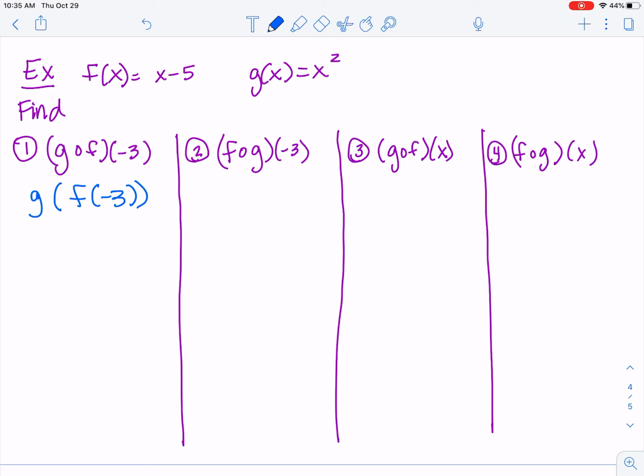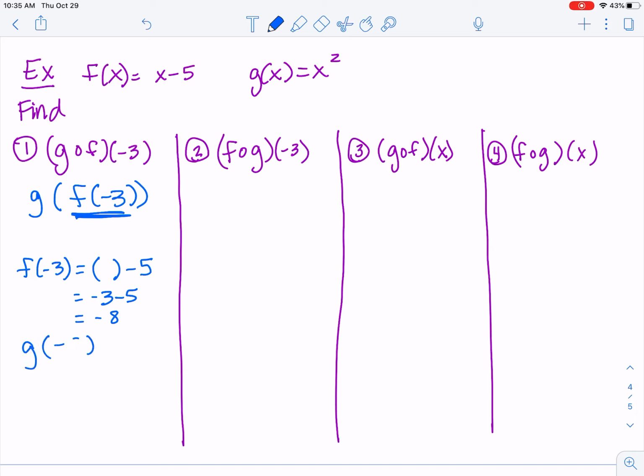So when you think of your order of operations, I need to figure out what is f of negative 3. So I'm going to substitute negative 3 into the f equation. So f is x minus 5. I'm substituting in negative 3. Negative 3 minus 5 is negative 8.